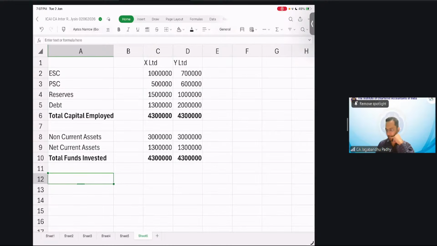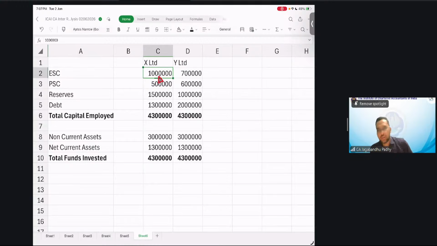Okay, X is having a greater... More reserve, less debt, X. Well, broadly, you can say X is having a better solvency, maybe by simply looking at the amount of debt, because it is having lesser debt, a higher degree of reserves, and also share capital and preference share capital is also higher, right?